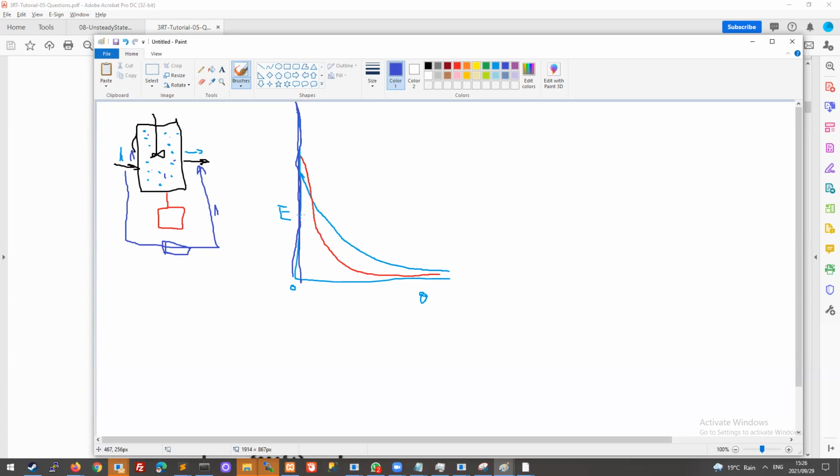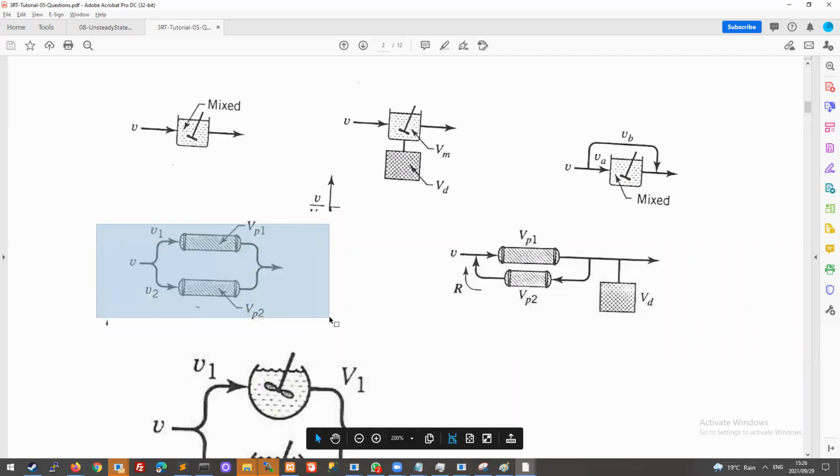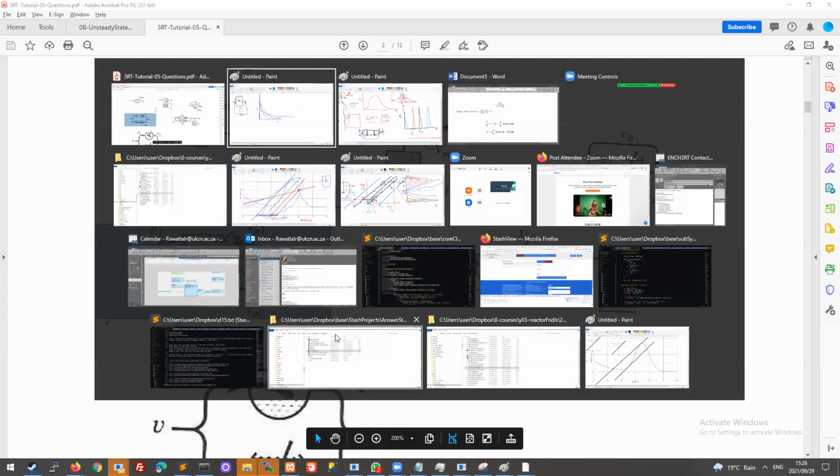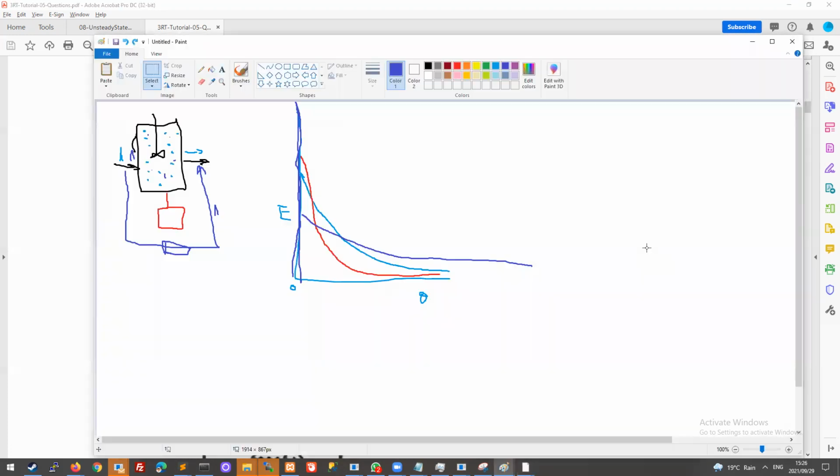The second curve that comes through is going to start lower and last longer. So that's what will happen in the bypass case for the CSTR. Then we can think about putting things in parallel. Like in this case here, you've got 2 plug flow reactors.